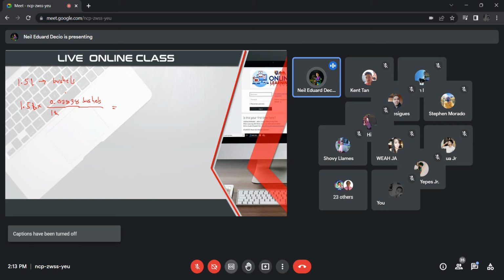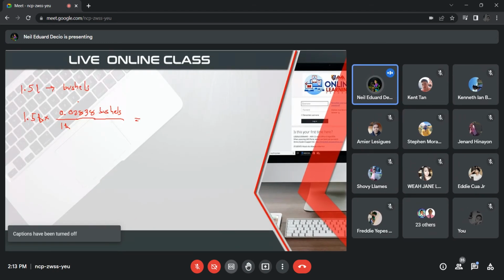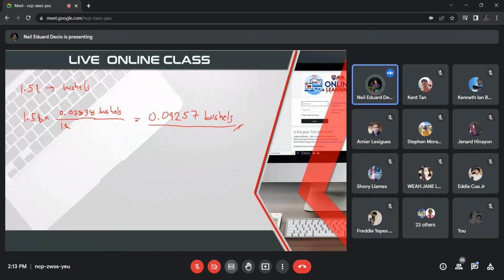Multiply na lang natin yung 1.5 times 0.02838, which is equal to 0.04257 bushels. So 1.5 liters is about 0.04257 bushels. Okay? So this is now the dry volume measurement used in the US.